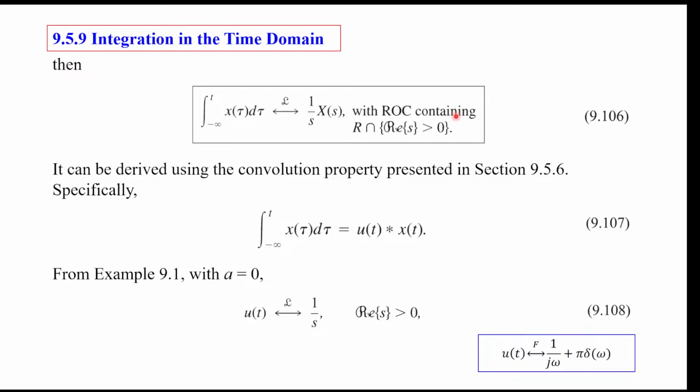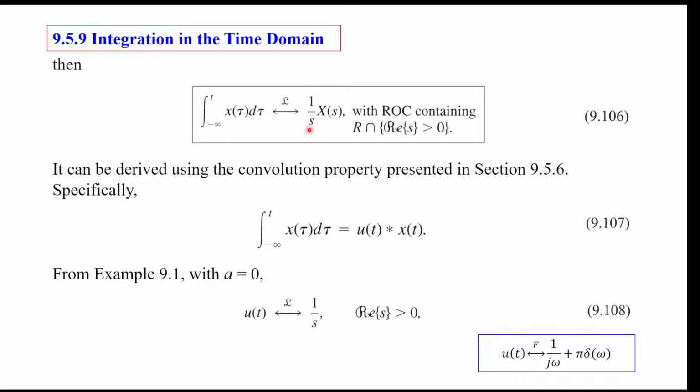So now a question for you guys. Why do we need the intersection with this Re(s) greater than 0 here when we get this extra 1 over s term? Why do we need to have this ROC? The ROC might be smaller than just the original R because we have this extra Re(s) greater than 0 term.